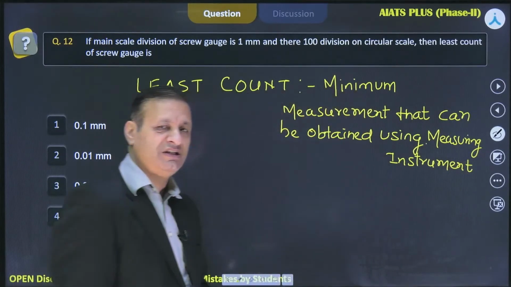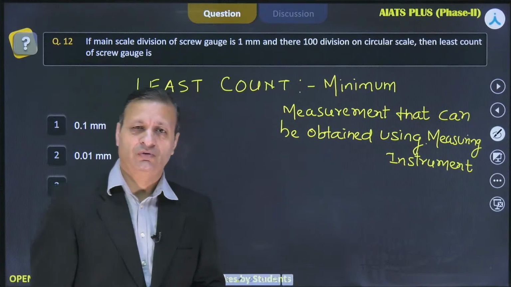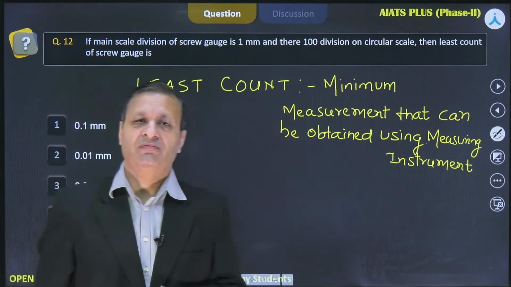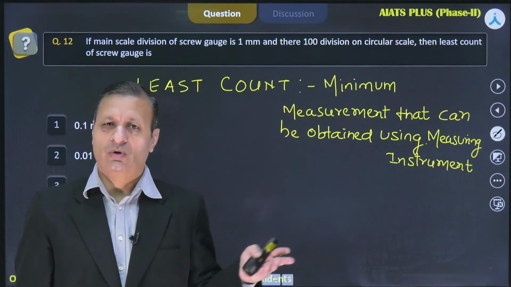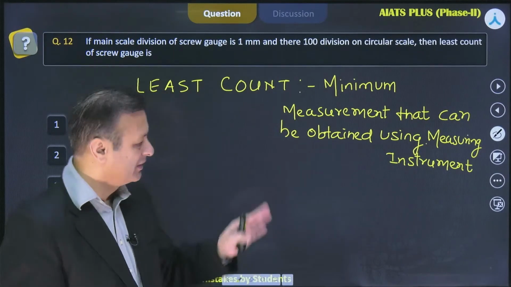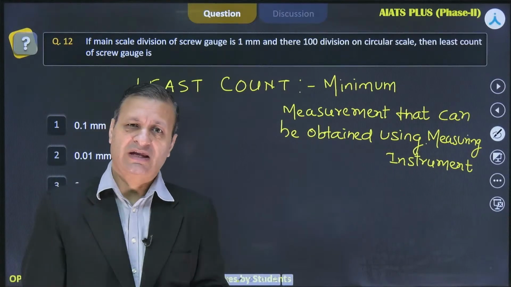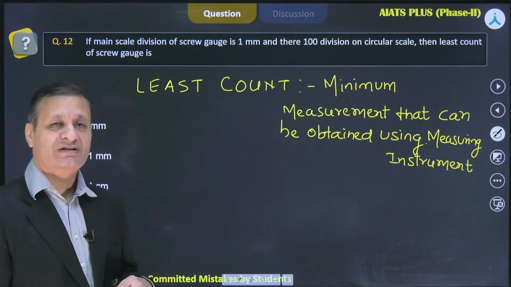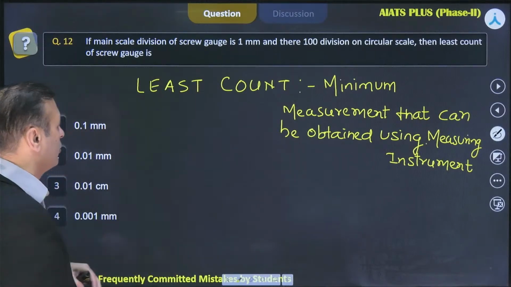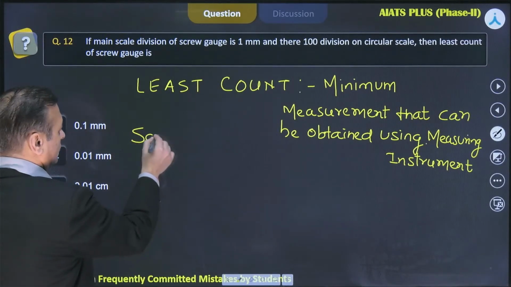This is a very standardized definition: the minimum recording you can have using that particular instrument, be it your vernier caliper or your screw gauge, is called the least count. Now here we are talking about the screw gauge.